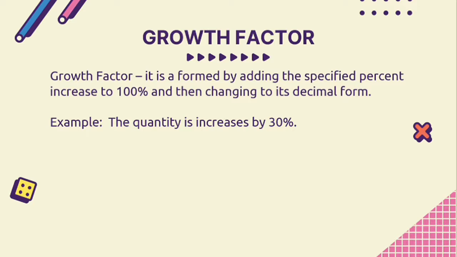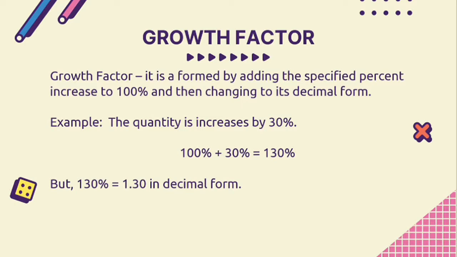To determine the growth factor, we add 100% plus 30%, which equals 130%. But we need the growth factor to be in decimal form, so we move the decimal 2 places to the left. Then it will be 1.30 in decimal form. So, our growth factor is 1.30.